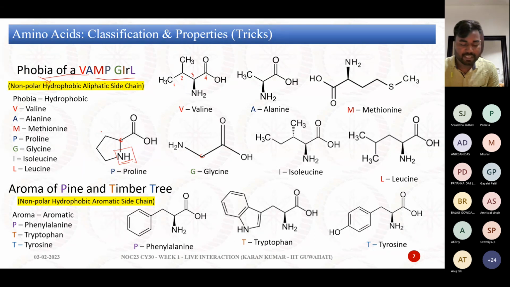So that is why it is called an imino acid, not an amino acid. Okay, so proline and glycine form a different grouping among all amino acids.